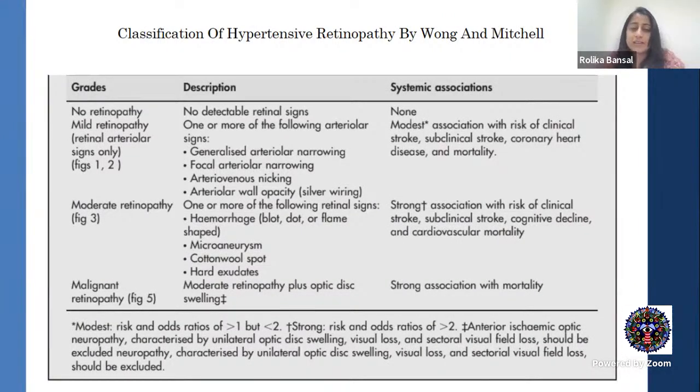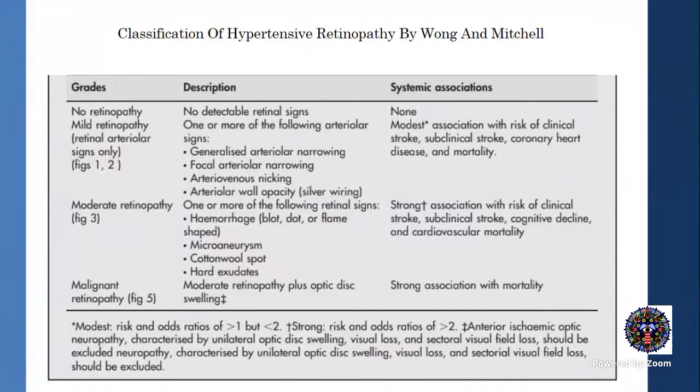Right, so Dr. Soni has asked that in clinical diagnosis, we should mention the grade of systemic hypertension with retinopathy classification. I'm sorry, can you please repeat the question?